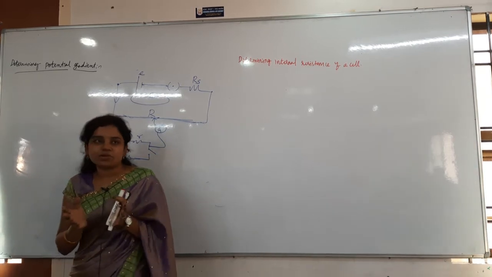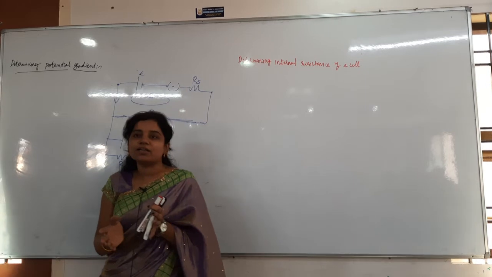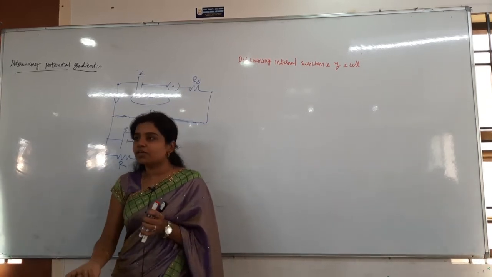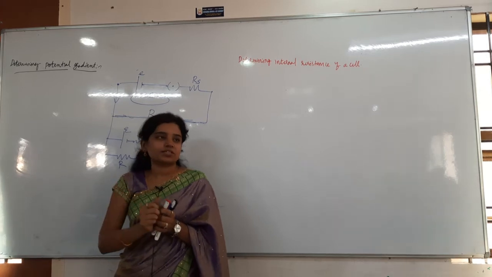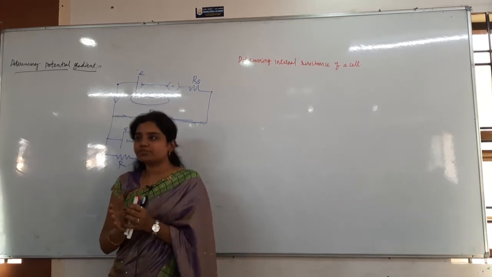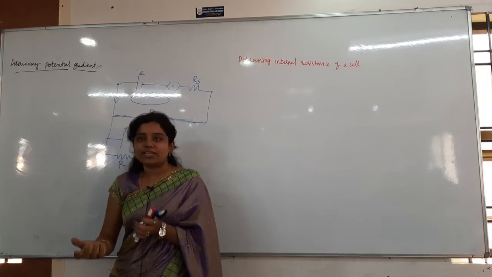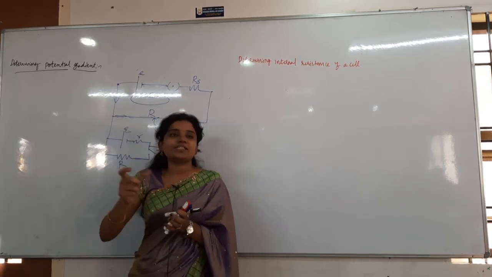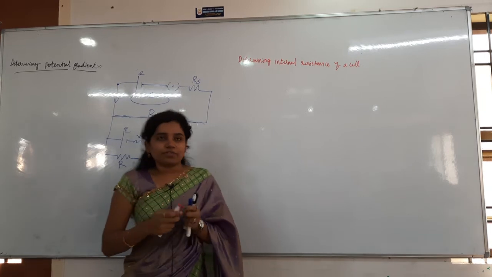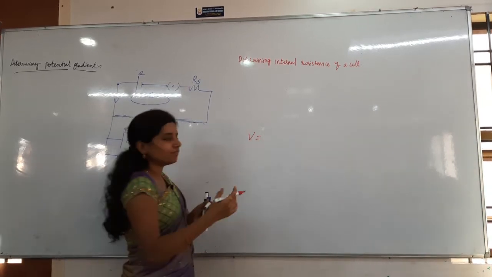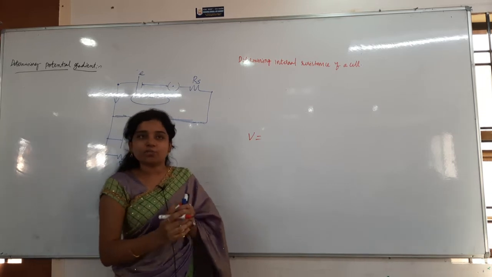While teaching about the cell, I said that EMF is the voltage measured across the cell without any external component. If we connect anything extra, it becomes voltage. And then I said charging and discharging also. Whenever you take the charging case, V will be more than EMF.